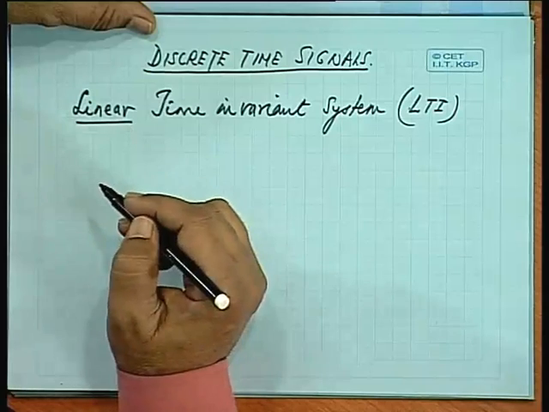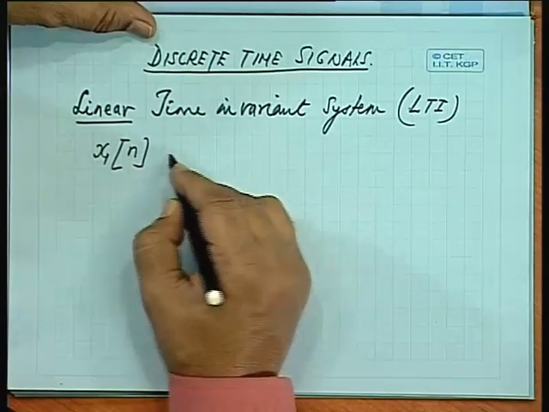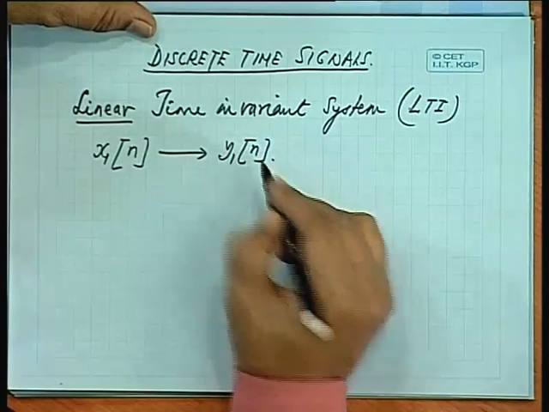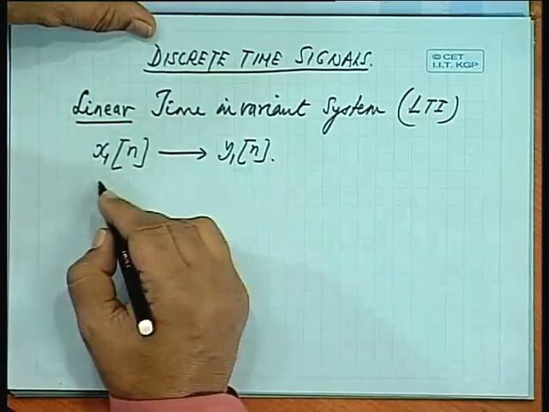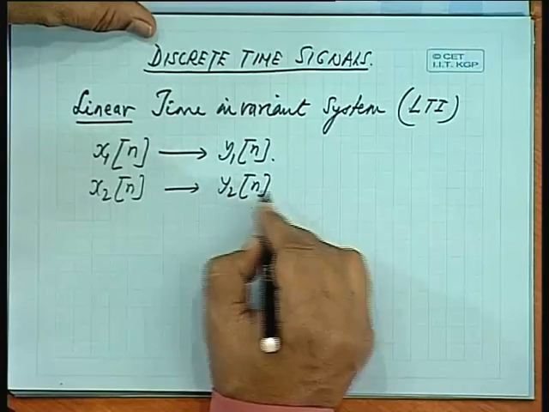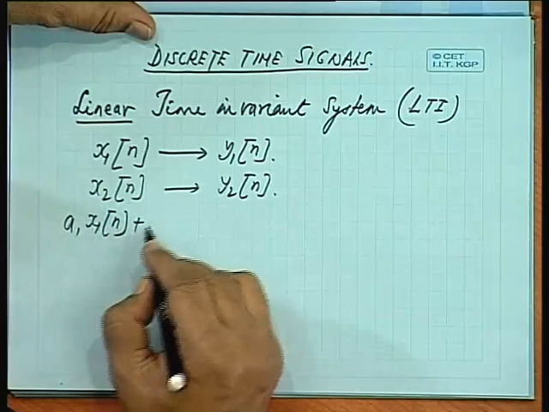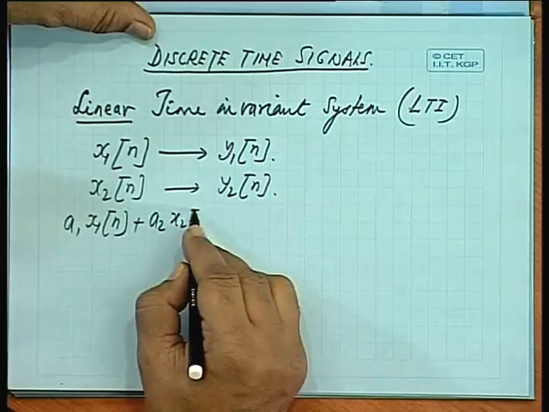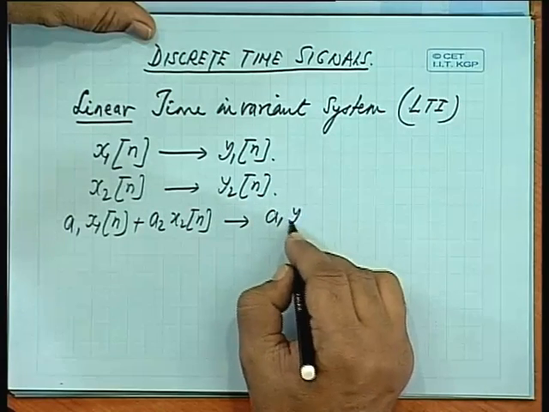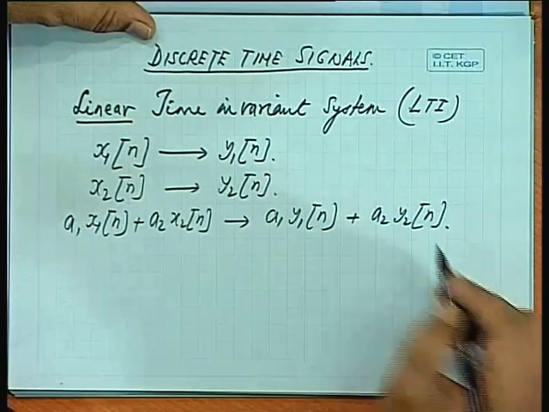What is a linear system? In the discrete domain, we define a linear system as the one where if I give an input x1[n] and we get a corresponding output y1[n], and if I have x2[n] as the input and y2[n] is the corresponding output, then for a combination a1 x1[n] plus a2 x2[n], scaled by factors a1 and a2, if I get an output a1 y1[n] plus a2 y2[n], then it is a linear system.